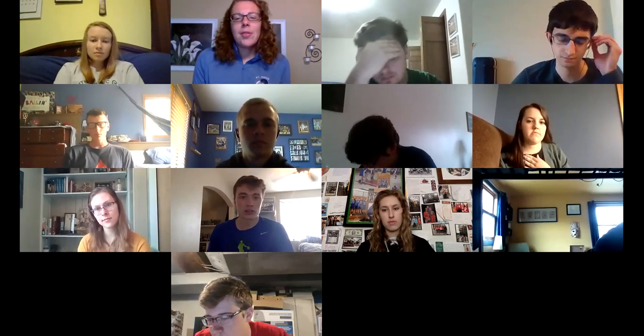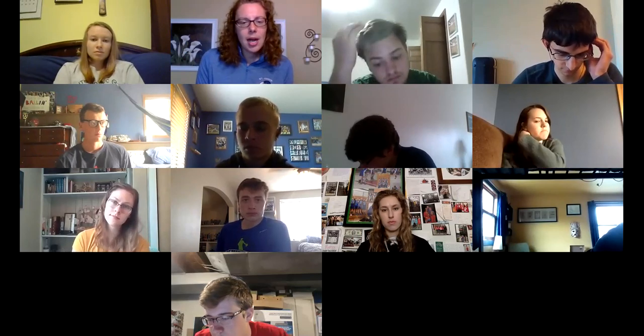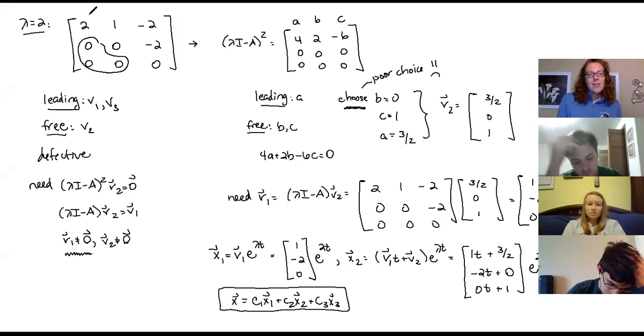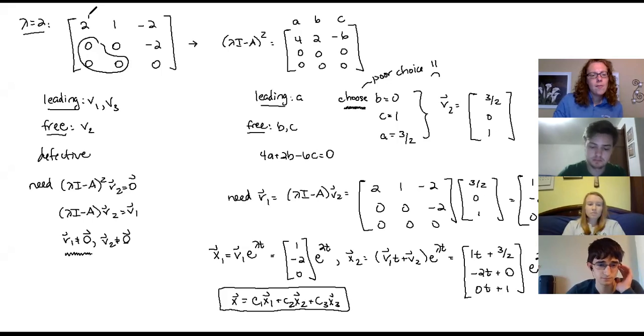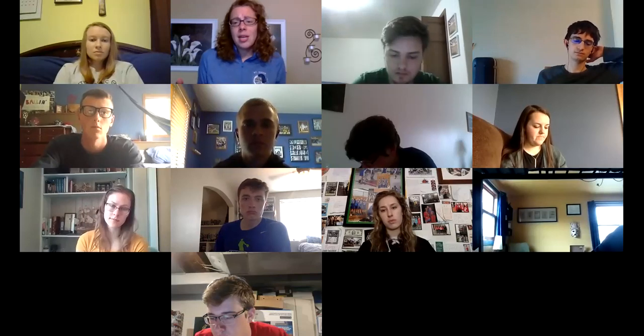The reason that I started off with an x3 is because in your notation, when you have a defective eigenvalue, your notation here gives you a v1 and a v2, and those usually pair with an X1 and an X2. So I just wanted to keep the subscripts kind of the same, but you can do them in any order you want.